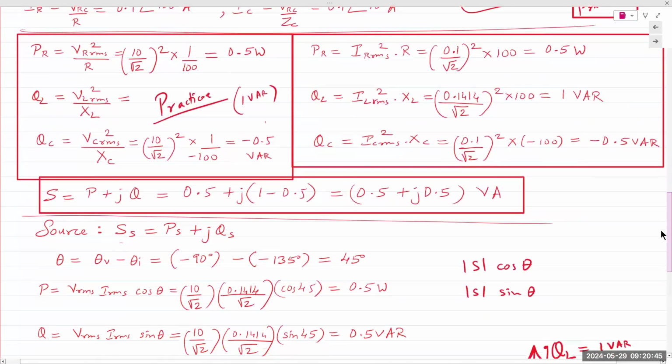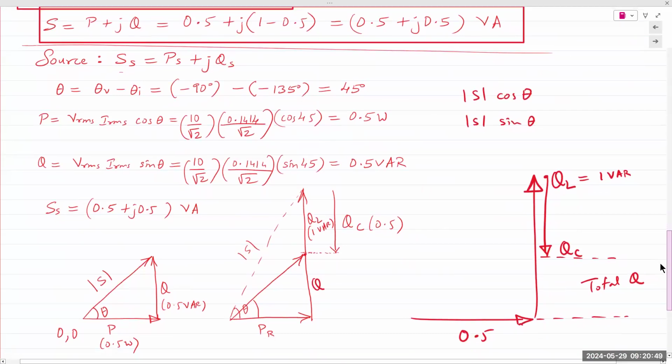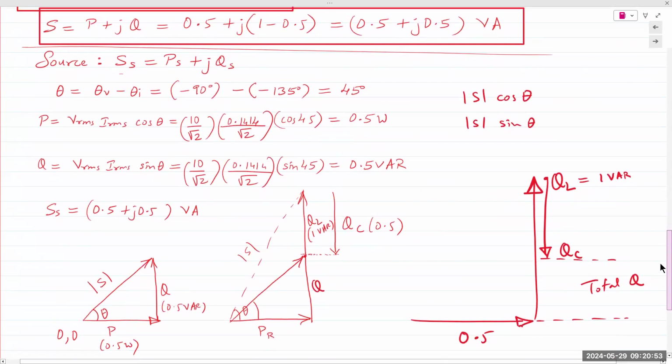An alternative way to solve the entire problem is by using the other equations. I'm going to give a subscript of S for the source. The first approach is you find all the individual component powers, then you add them all up, so you get the total power for the source.